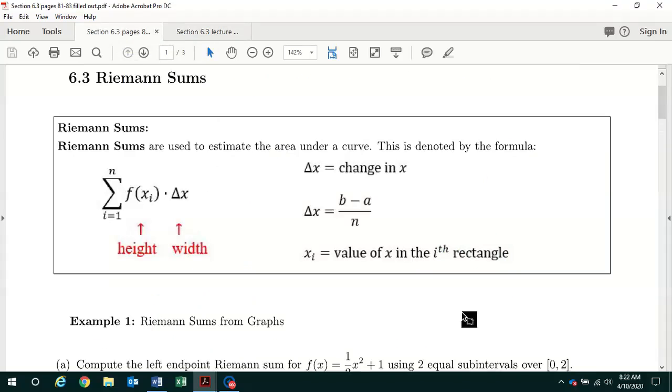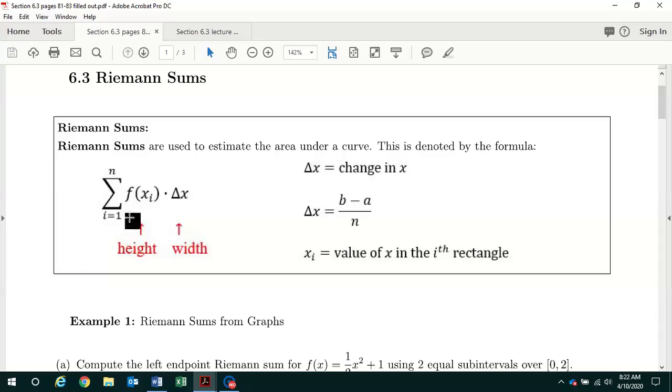So at the top of page 81, we have the definition of a Riemann sum. A Riemann sum is just the sum of all the areas of the rectangles that we use to estimate the area under a curve and above the x-axis.